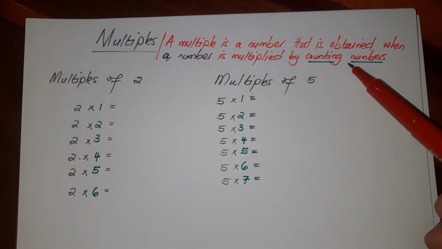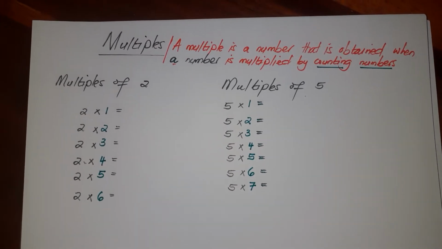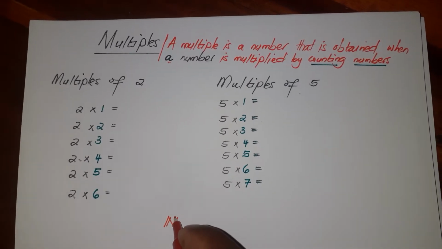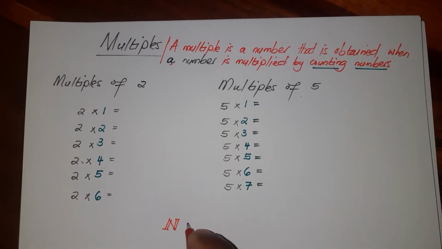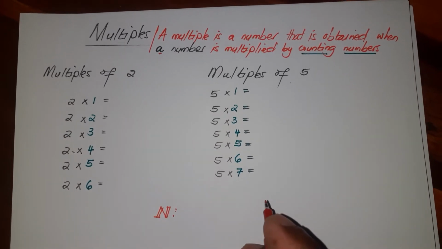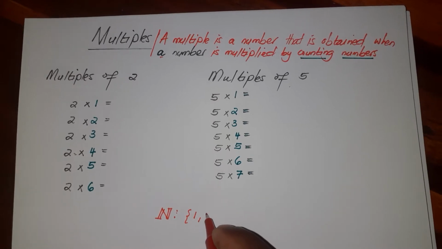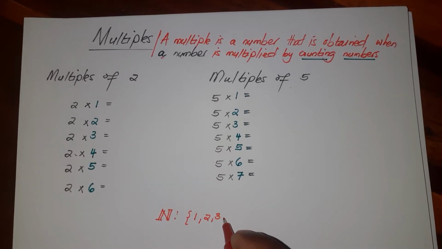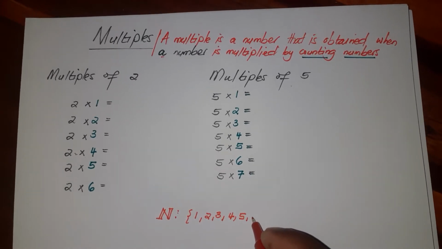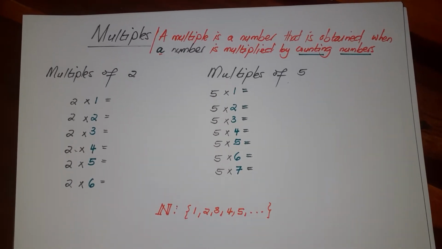When we talk of counting numbers, we are talking about natural numbers, and by definition we use this symbol to indicate natural numbers. Therefore, the set of natural numbers starts from 1, 2, 3, 4, 5, and it continues up to positive infinity.